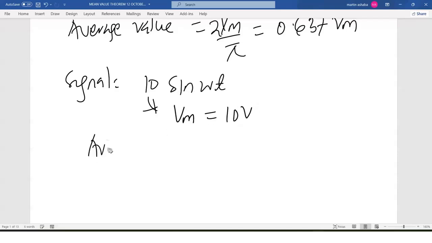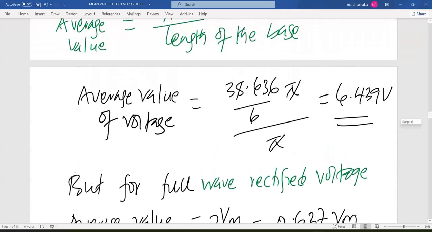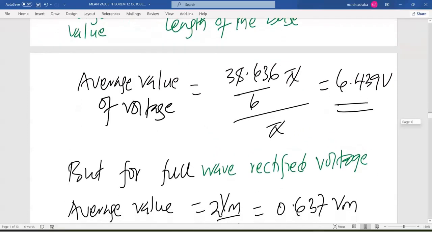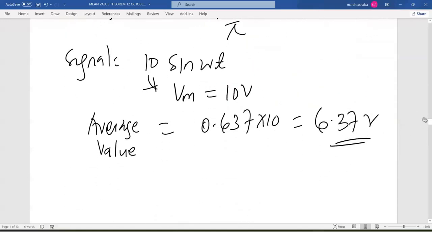So our average value will equal 0.637 times 10, which gives us 6.37 volts.